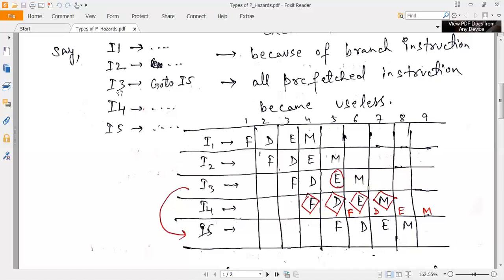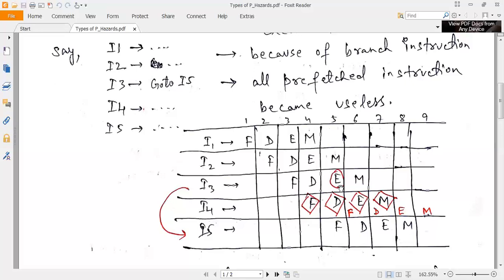Just see, instruction number 3 is saying to go to instruction number 5. So when will it go? For instruction number 3, fetching is done. After decoding, the processor came to know that it has to execute instruction number 5. That means at the execution part, the control is going to instruction number 5.